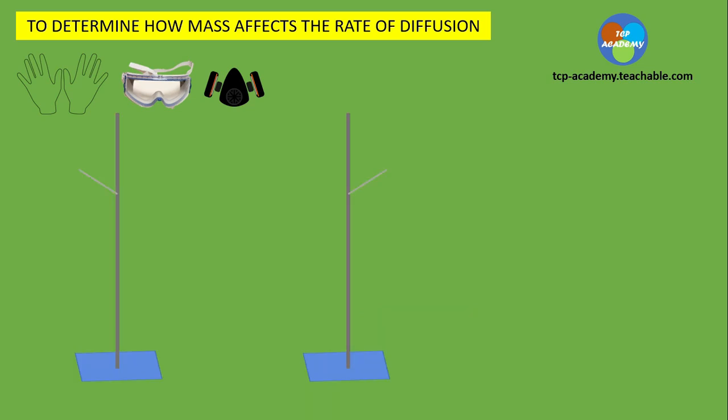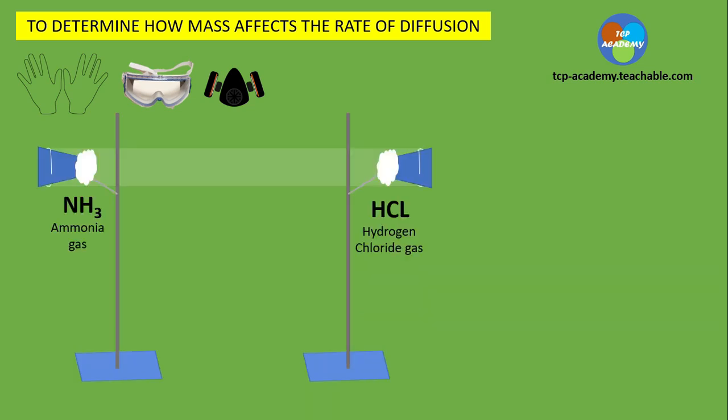We're going to need a retort stand to hold, of course, the setup. So there we have a cotton swab in a glass tube. To the left, we have a cotton swab immersed in ammonia solution. And to the right, we have hydrochloric acid, which is providing the hydrogen chloride gas for the reaction here.